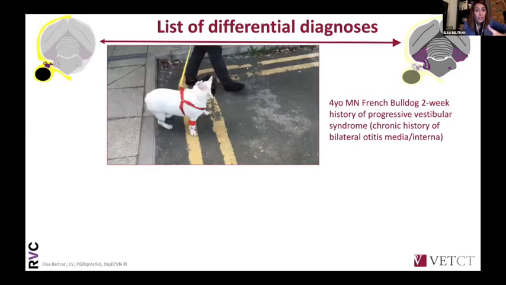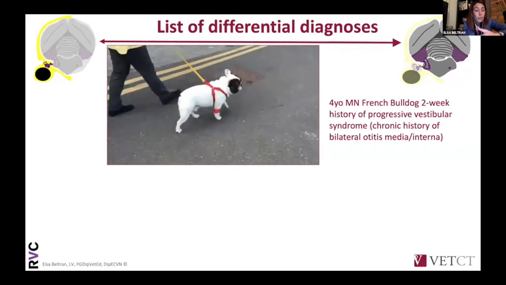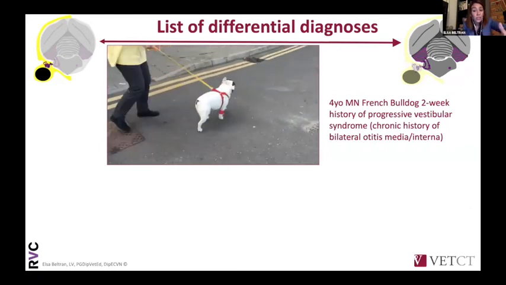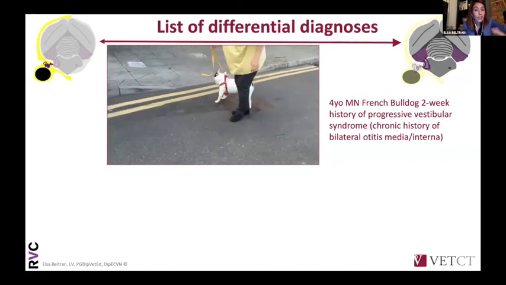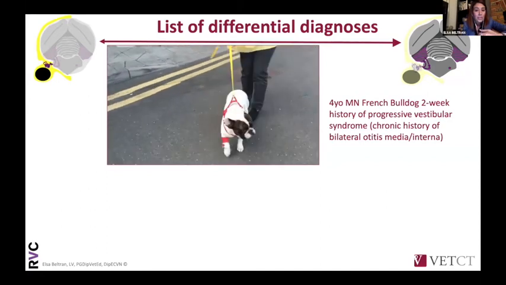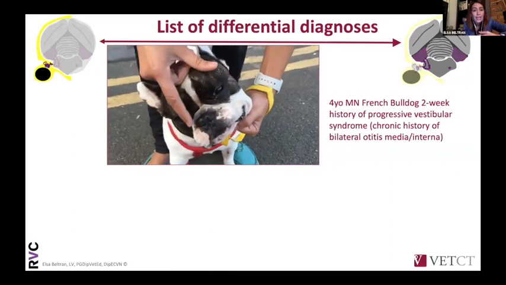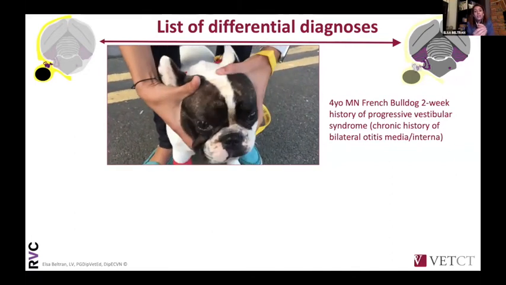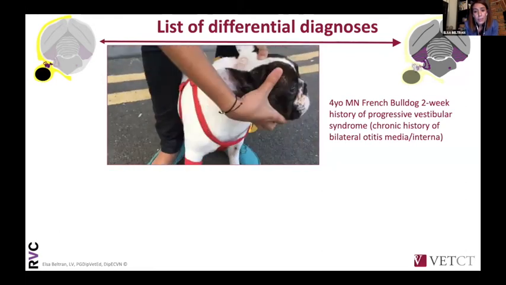And then also important to know, for instance, this is a 4-year-old male French bulldog that presented with a 2-week history of progressive vestibular syndrome. It had a chronic history of bilateral otitis media. The mental status was bright, alert, and he also had, as you can see, an absent palpebral reflex, so it tells us there is a dysfunction of the facial nerve.